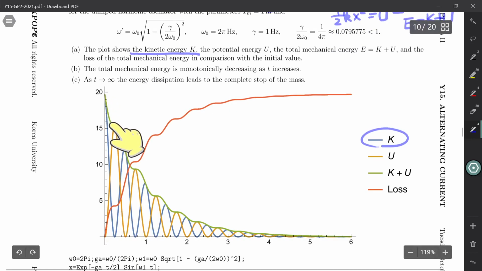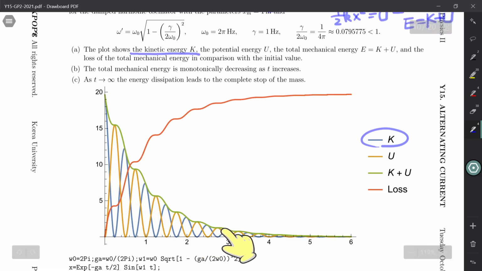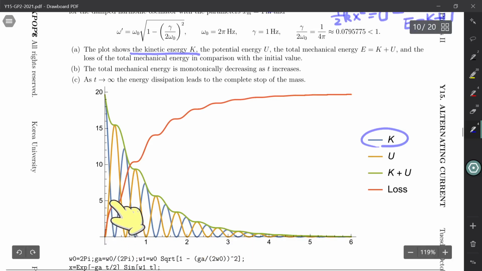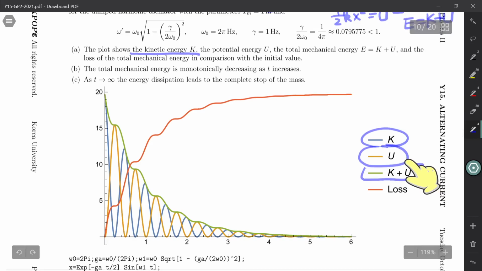The kinetic energy decreases to stop. This is the turning point. Increase, decrease, increase, decrease, it oscillates. The potential energy is 0 at t equals 0 and increases to the maximum turning point and returns, and oscillates. And the sum of the kinetic energy and potential energy is the total mechanical energy.